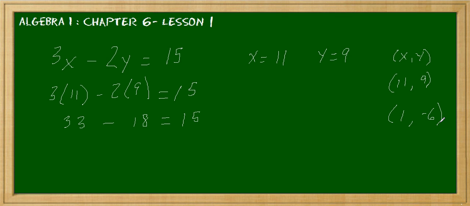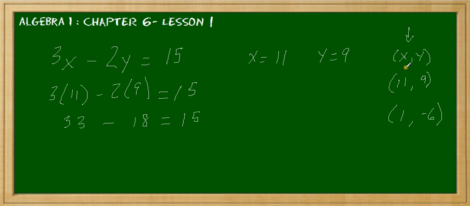Notice that the order in which we name the pair is significant. 1, 3 means x is equal to 1 and y is equal to 3, whereas 3, 1 means that x is equal to 3 and y is equal to 1. Because of this, the solutions to an equation having two variables are called ordered pairs. So remember, you always put the x first when you're giving your answer.